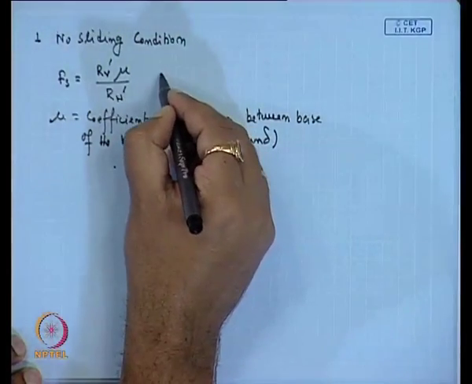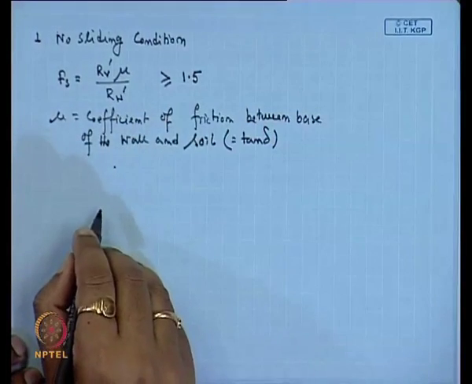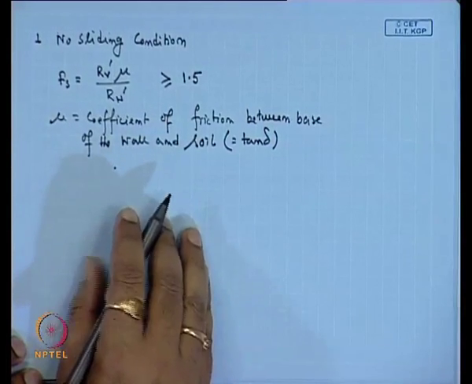Now, in this case, this factor of safety should be equal to 1.5. So, that will give the no sliding condition.